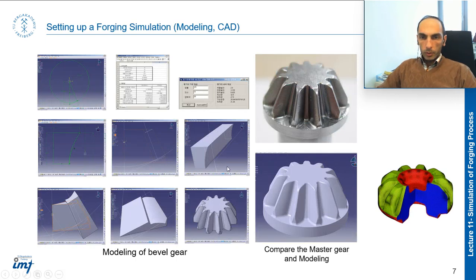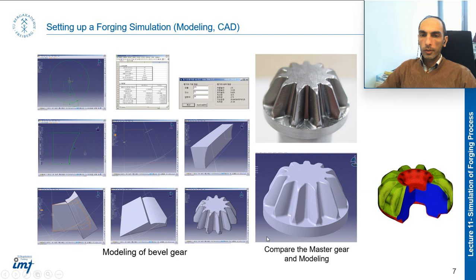So this is the reality, and this is what we have designed based on the dimensions in reality in CAD software as a model. We can call it the master gear. It means the part before machining and exactly after the final stage of forging. This is the shape we have.